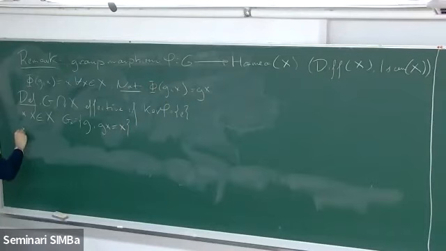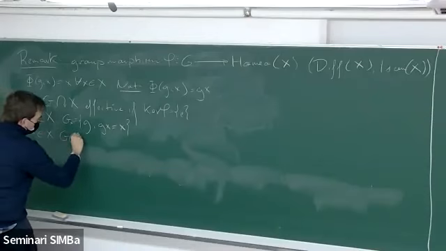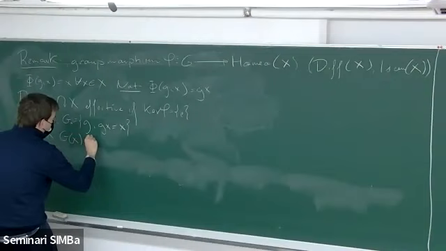And we also have the orbits, so given x, the orbit consists precisely of the points reached from x by the action.